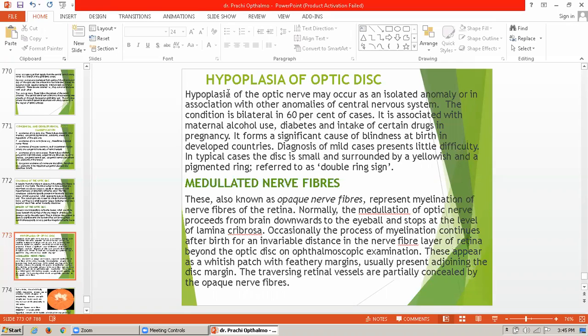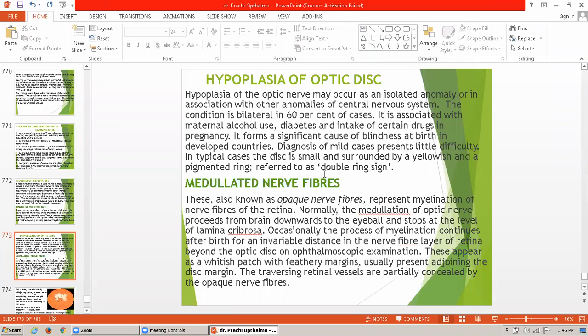So, hypoplasia of optic nerve may occur as an isolated anomaly or in association with other anomalies of CNS, that is central nervous system, and the condition is bilateral in 60% of cases. So, it is associated with maternal alcohol use, diabetes, and intake of certain drugs in pregnancy, and it forms a significant cause of blindness at birth in developed countries.